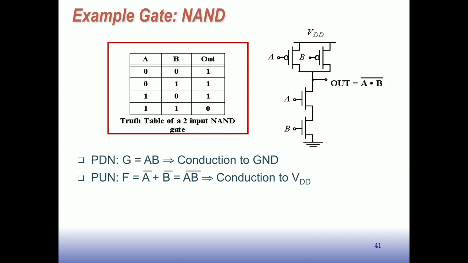Okay, so logically, it's pretty simple to understand how this thing works. You can think about it this way also, that there are 2 functions here. The pull-down network, which I called PDN here, and there's a pull-up network. The pull-down network has this function AB, and that says if this function is true, then we have a conductive path from the output to ground. Right.